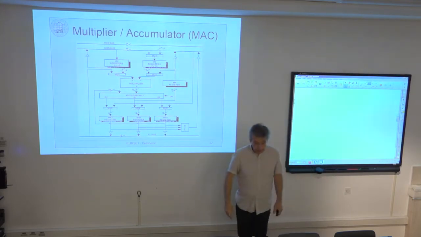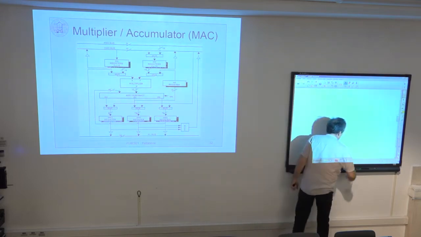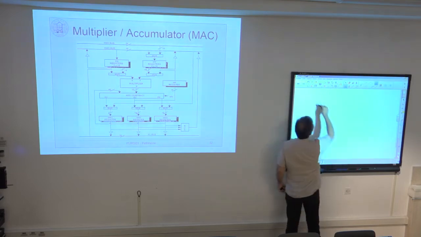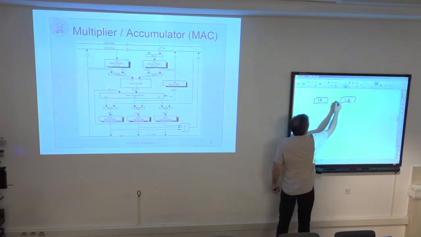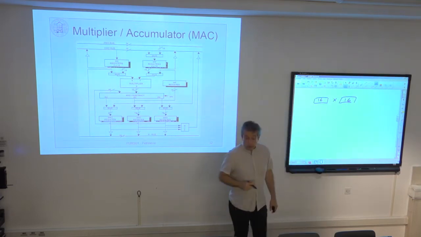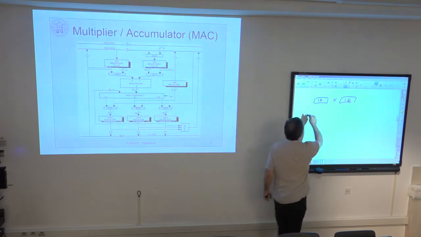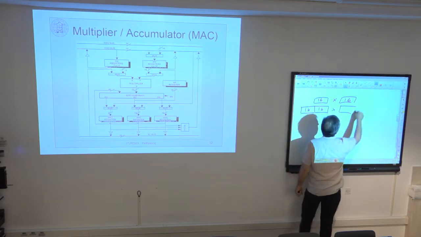Just to illustrate another thing. This architecture here is based on 16-bit arguments. But maybe you would also need multiplication of two 32-bit numbers. So how to do the multiplication of double word arguments, 16 plus 16 times 16 plus 16?